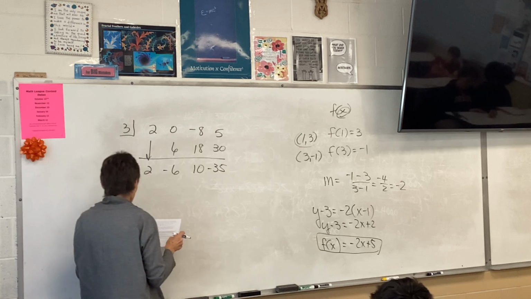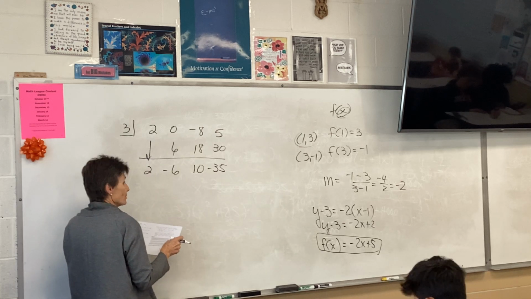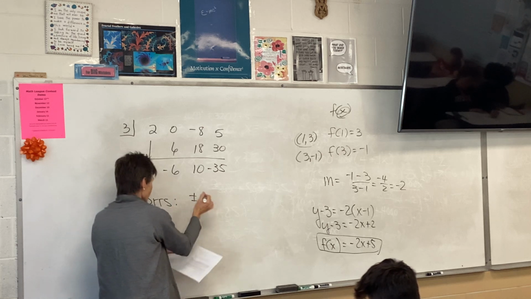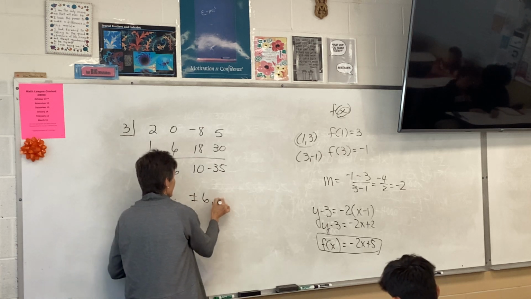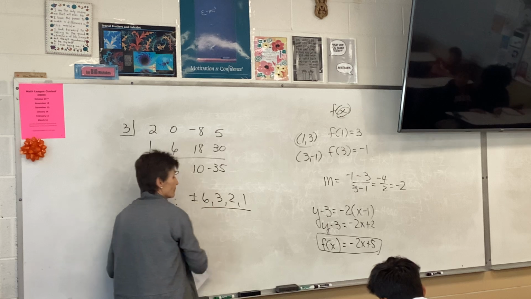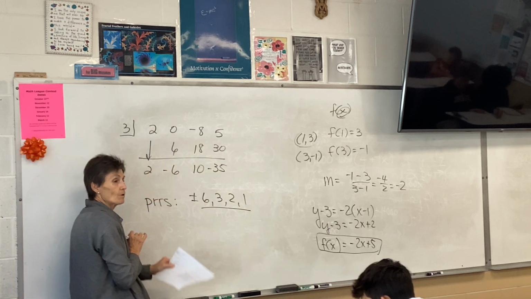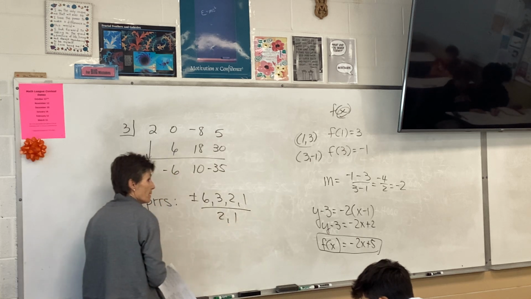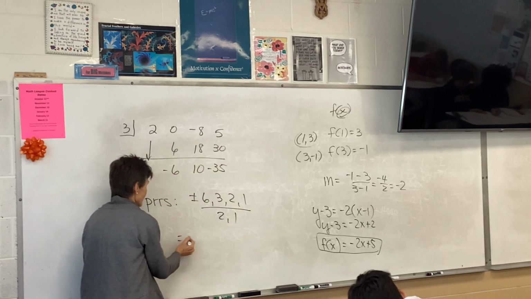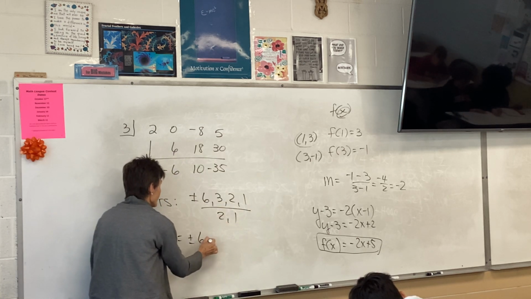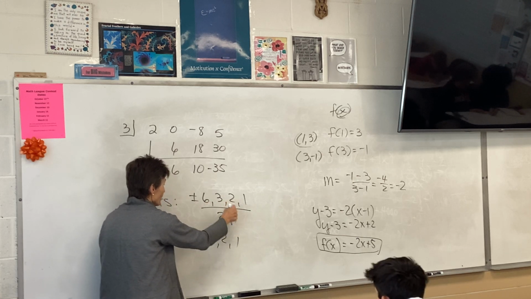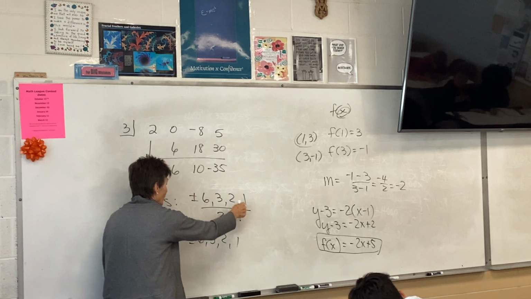Another quiz question. List the possible rational roots. So my PRRs are going to be factors of 6 over factors of 2. When I list these, I'm going to do 6, 3, 2, and 1, because that's 6 over 1, 3 over 1, 2 over 1, and 1 over 1.